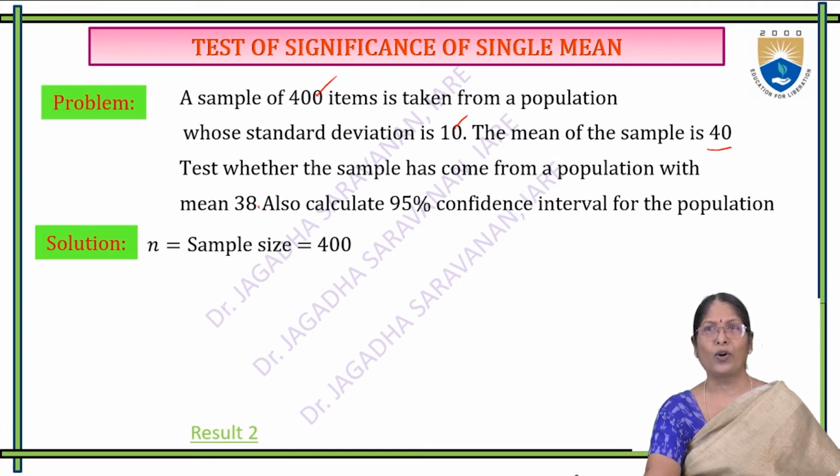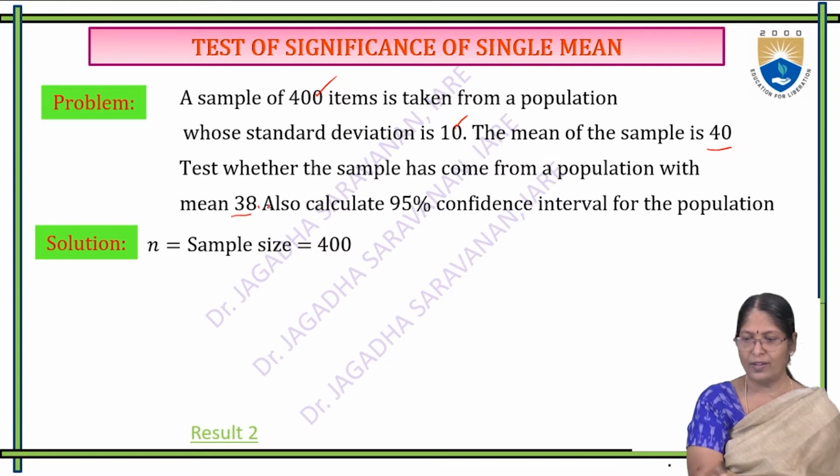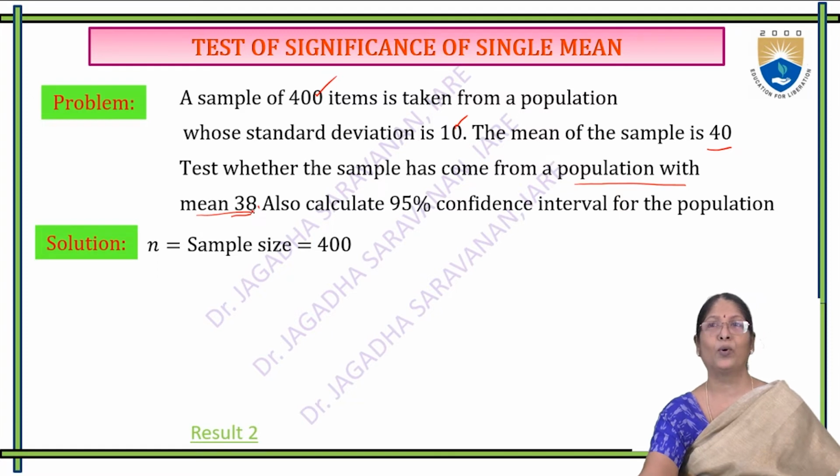We got n, sigma and x bar; what is left is mu. The population mean is 38. All four symbols, x bar, mu, sigma and n, we obtained from reading our question. First we will focus on that.